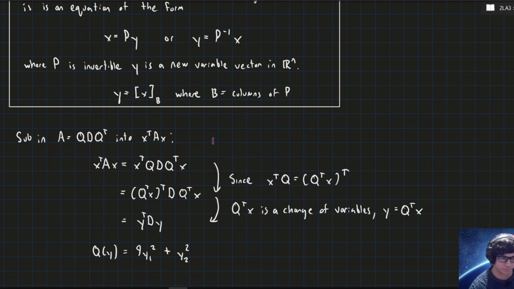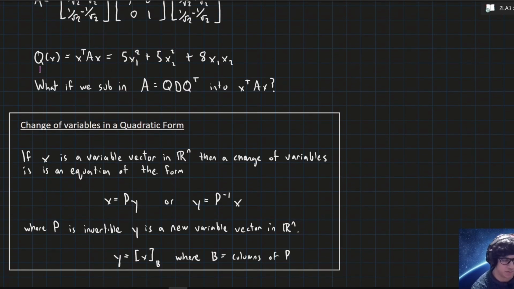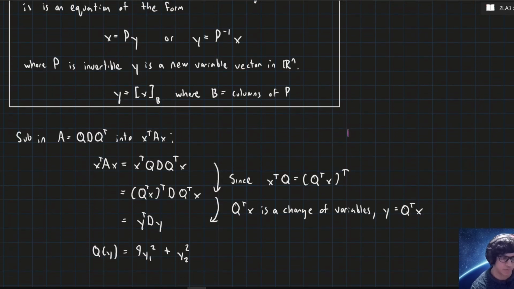I didn't mention all that for no reason. Remember what we were asking is, if we had a quadratic form like this, what would happen if we substituted in our orthogonal diagonalization for A? Here's the answer. We start with our quadratic form, and I sub in our diagonalization for A. Now I'm going to manipulate it a bit.